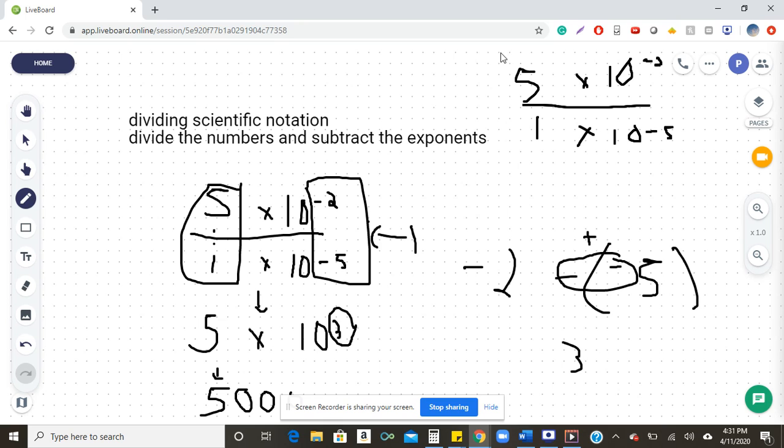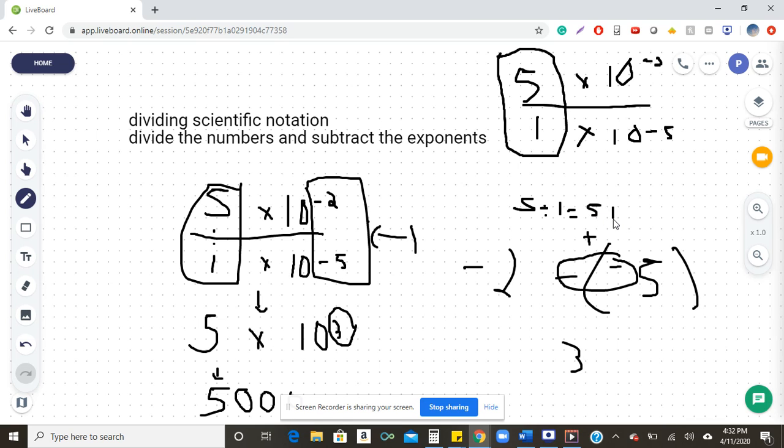So essentially what we're going to do, these are the numbers here, right? These are the numbers to the left of the scientific notation. We are just going to take these numbers and divide top to bottom. So 5 divided by 1 equals 5.